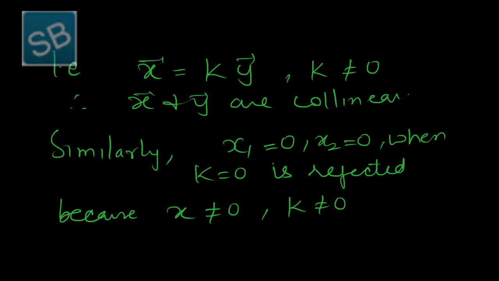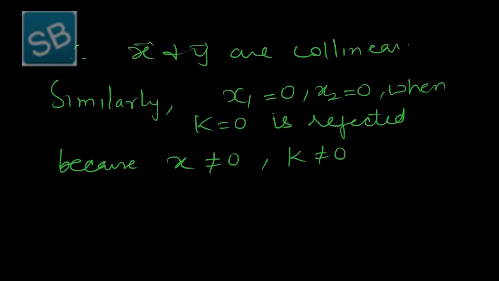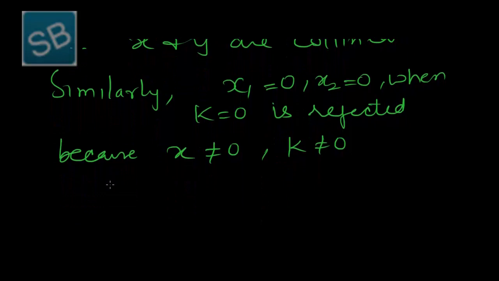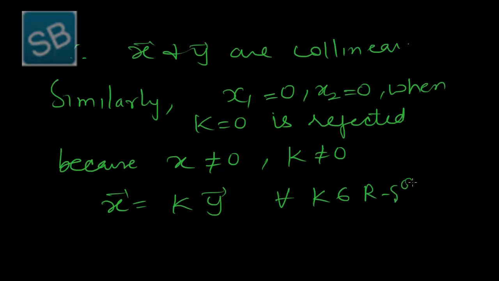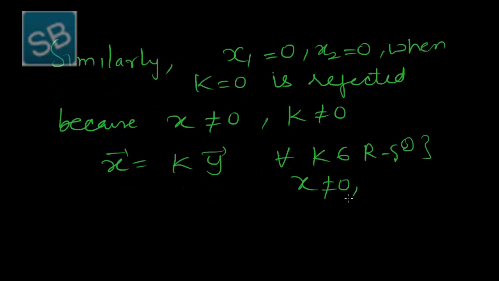Therefore, by taking the above case, if one component is equal to 0, in this case we will also get vector x is equal to k times vector y by applying the same criteria for all k belongs to R minus 0 and x is not equal to 0 and y is not equal to 0.